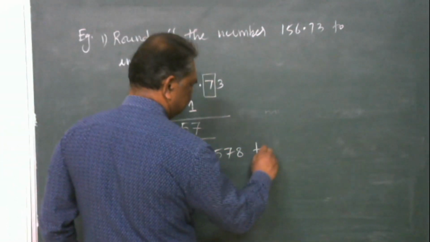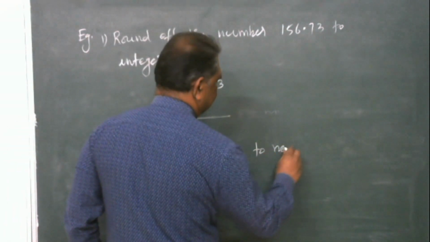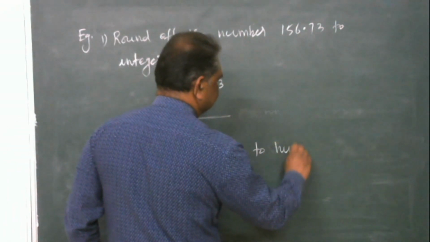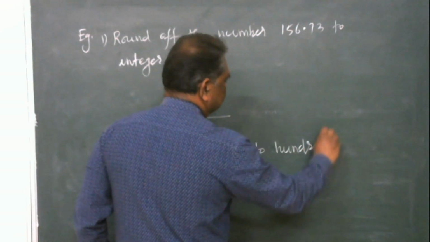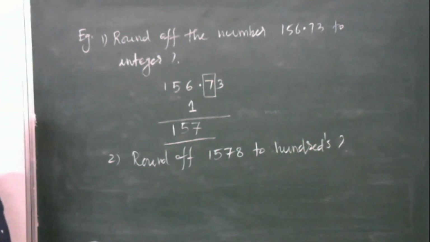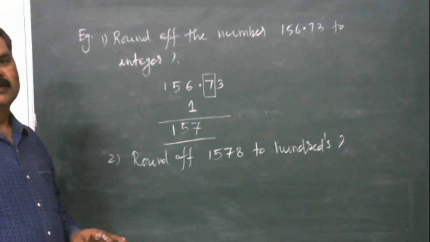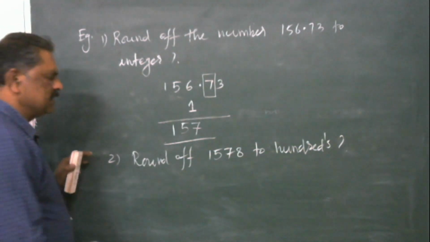Second question. Round off 157 to hundreds. We need only hundreds, we don't want tens and units. So how do you round off to the nearest hundreds?